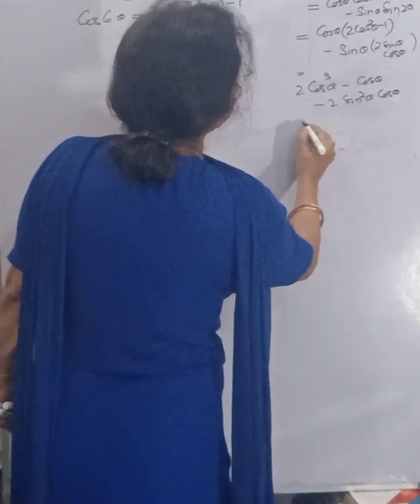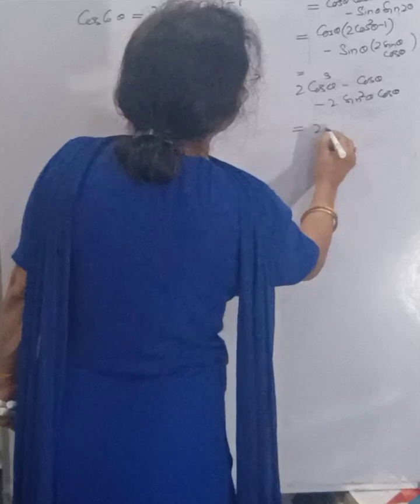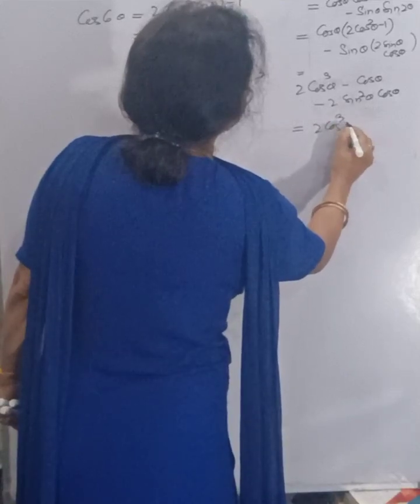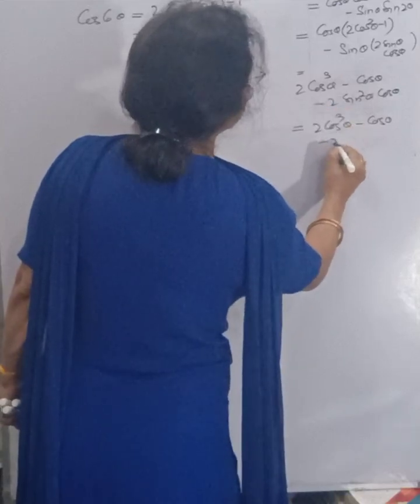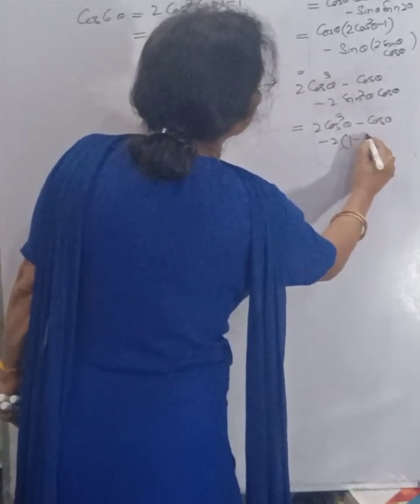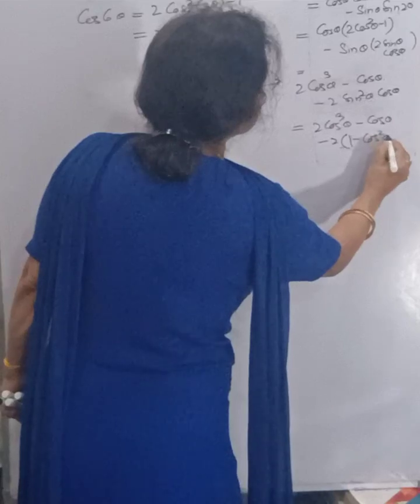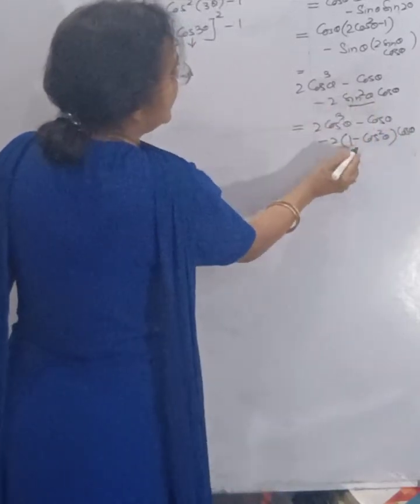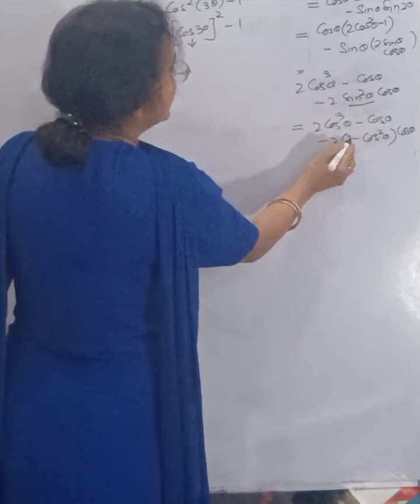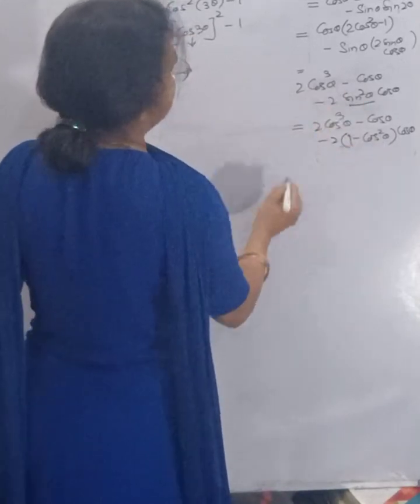Now sin square theta can be written in place of this: 2 cos cube theta minus cos of theta will remain same, minus 2 into sin square theta, that is 1 minus cos square theta, into cos of theta. Clear? In place of this we have written 1 minus cos square theta.